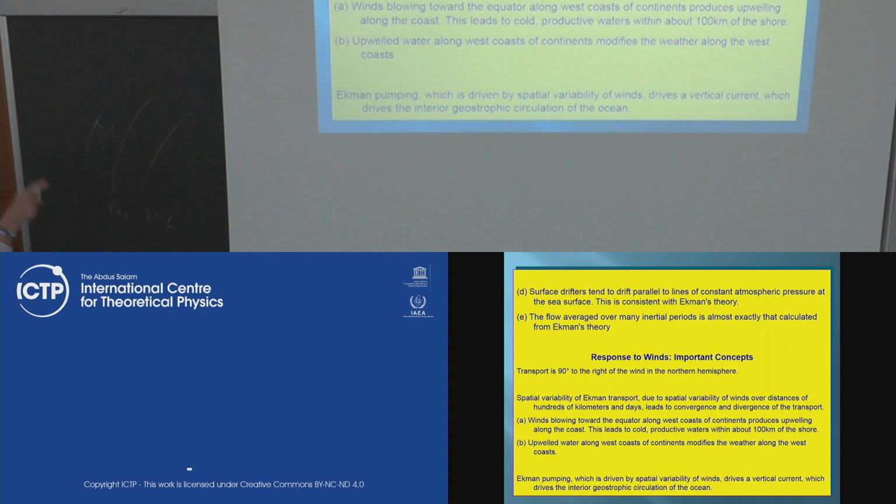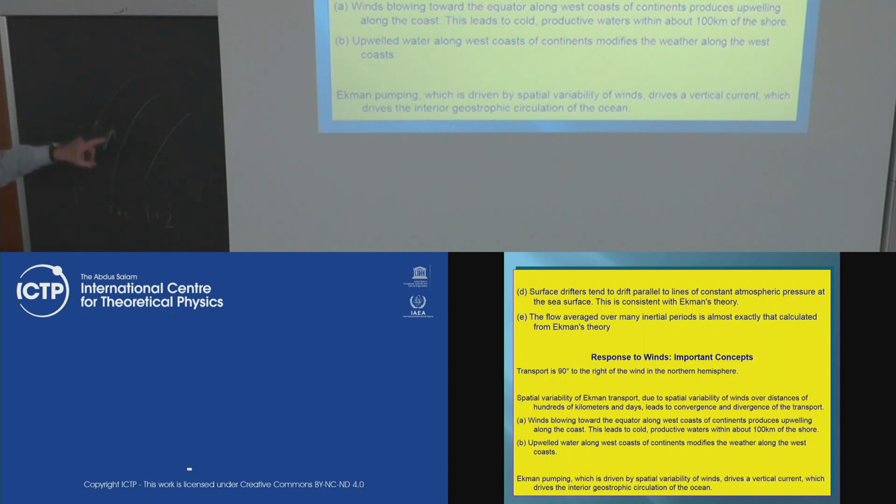And it says here that the drifters are moving parallel to the isobars, so that means that they will be moving parallel in this way. Okay, so this is the movement of the drifters.